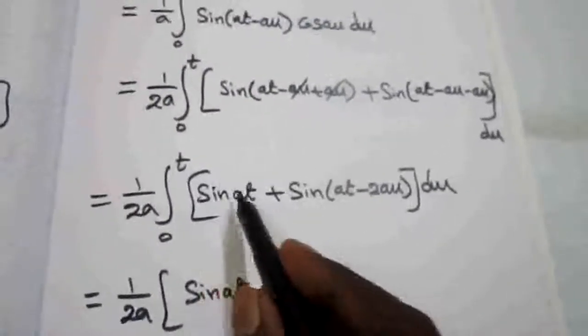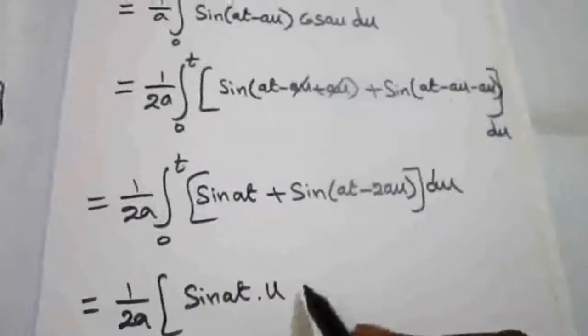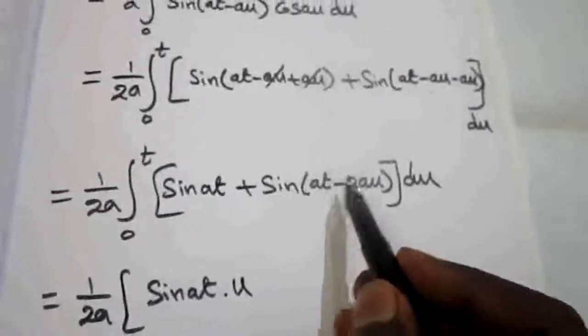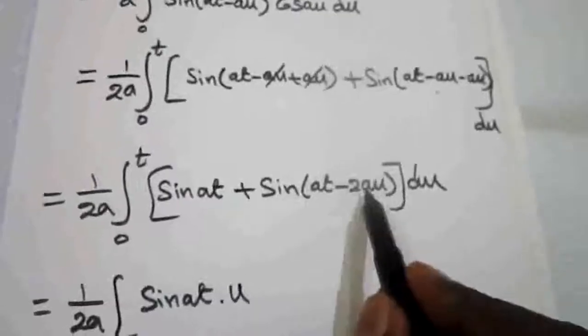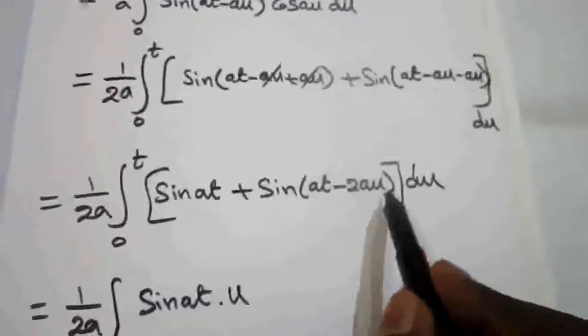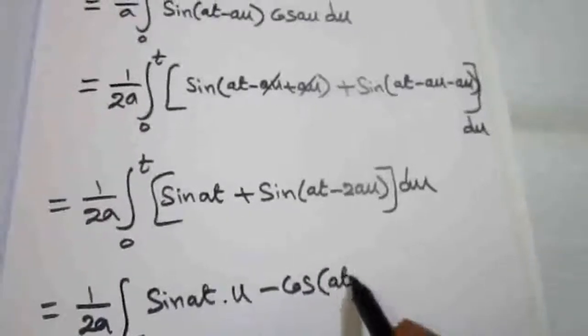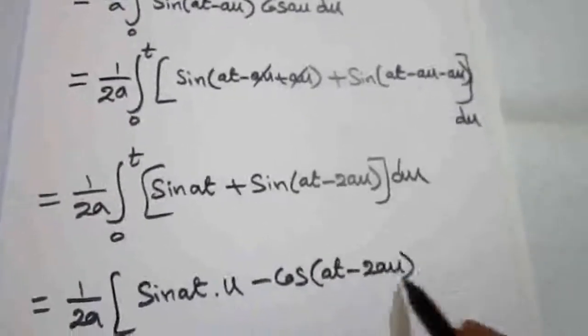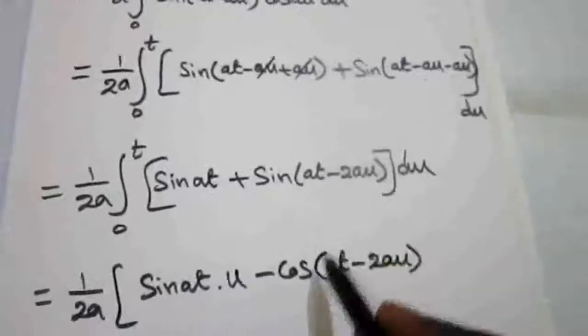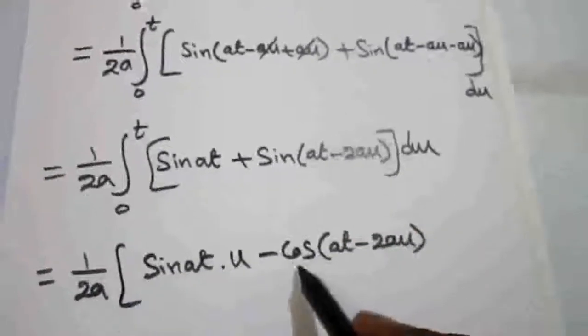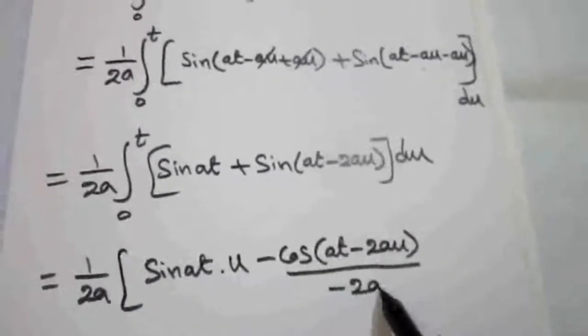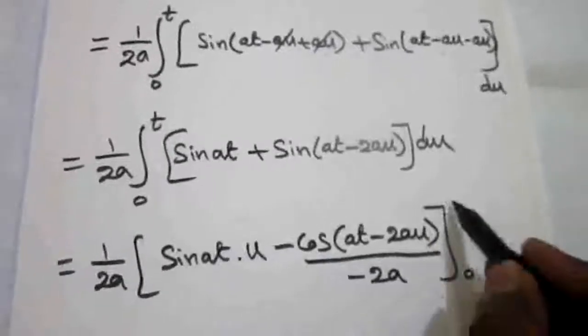But for sin(at minus 2au), it is not a constant because it involves u. The integral of sin is minus cos, and after integration the coefficient of u goes in the denominator, here minus 2a. So the integral part is over 0 to t.